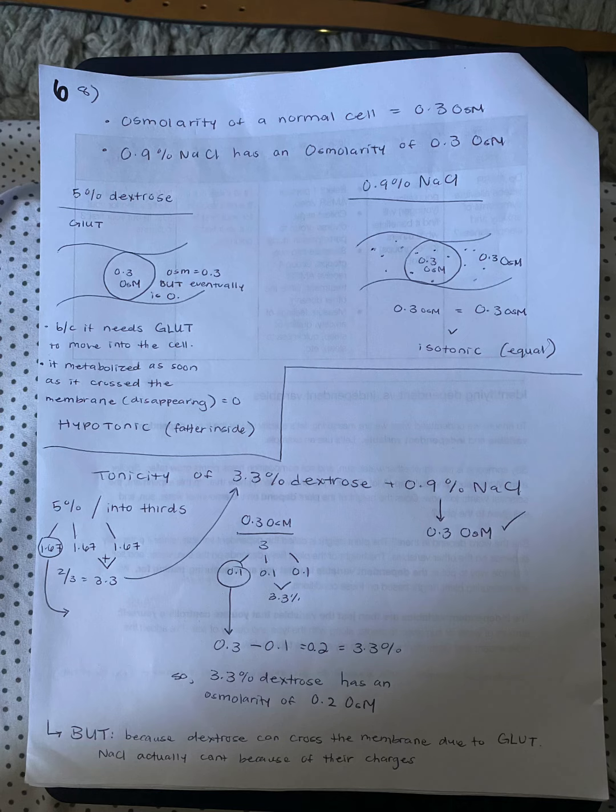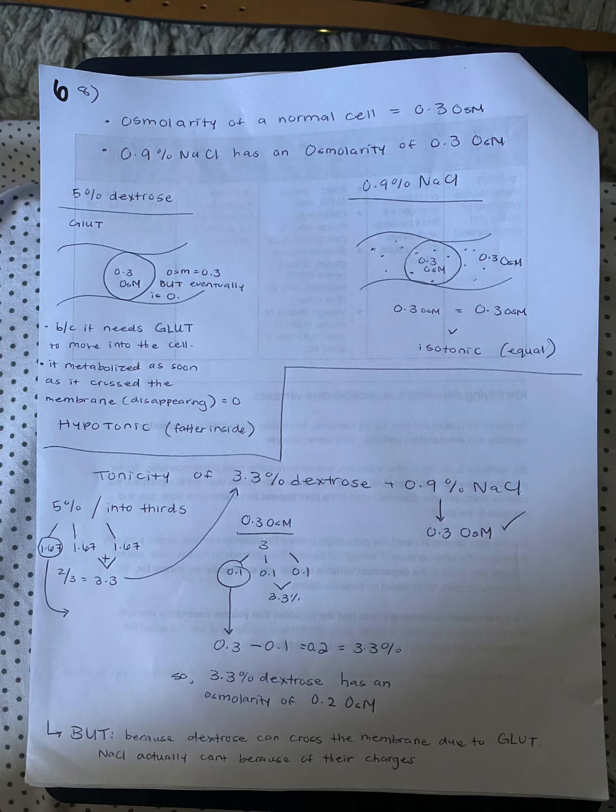Now, moving on to figuring out the tonicity of 3.3% dextrose added to 0.9% NaCl. As you can see on the paper, I did work everything out, so I'm going to explain the math portion of it before explaining everything else. To start off, 5% dextrose can be split into 3 parts, and each part would equal 1.67.